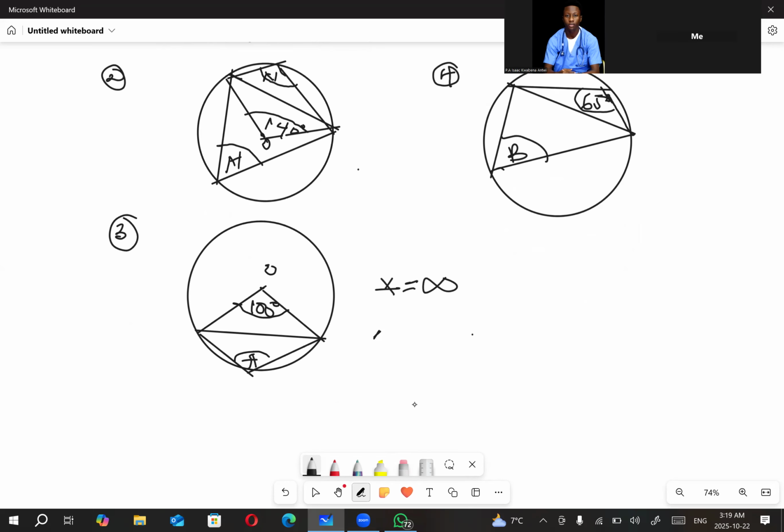I said when a chord produces an angle at the center and that same chord produces an angle at the circumference, the one at the center is 2 times the one at the circumference. But I added that the two angles must be made at one place because of questions like this. It is made at the opposite place, so that property doesn't work here. A is undefined. It cannot be solved.